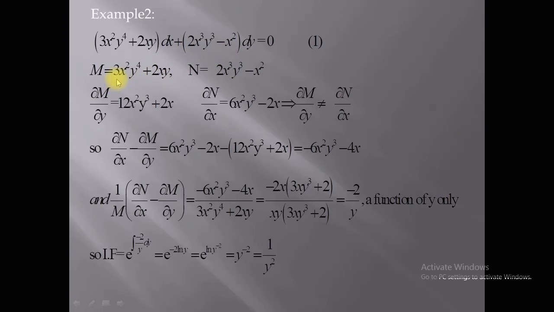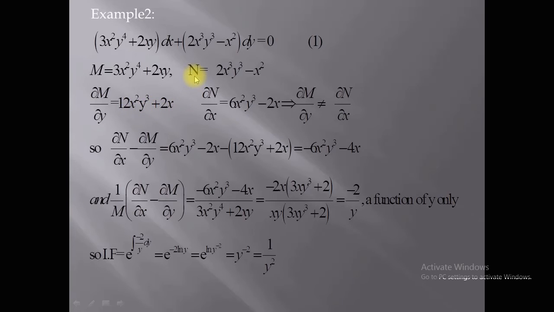Now taking the partial derivative of M with respect to y. Using the power rule on y^4, 4 times 3 is 12, x^2 y^3, and the derivative of y with respect to y is 1, so the derivative of 2xy with respect to y is 2x. So the partial derivative of M function is equal to 12x^2 y^3 + 2x.